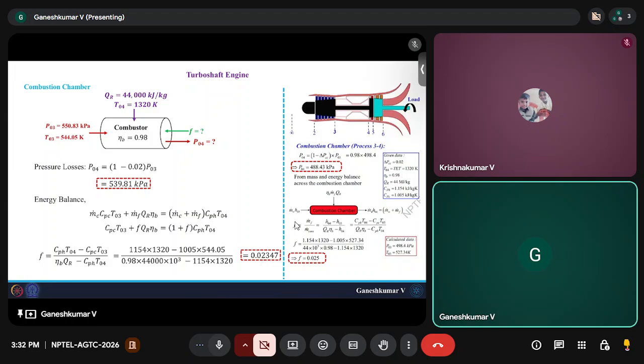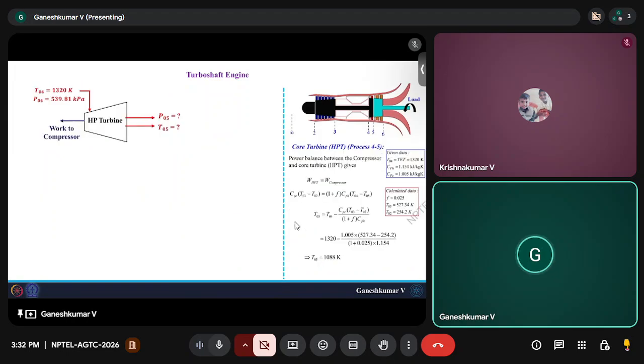Now the next is the HP turbine. The HP turbine has to drive the compressor. So what would happen with the pressure and temperature at the exit of the HP turbine? That is the question here. You can do the energy balance, where the work extracted at the HP turbine is equal to the work done by the compressor.